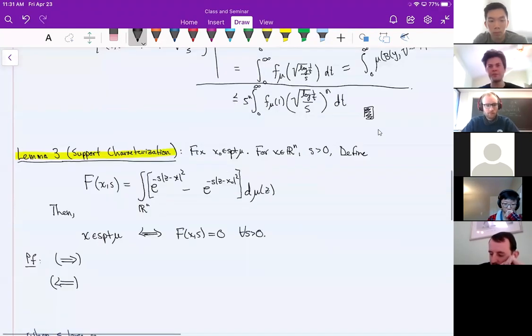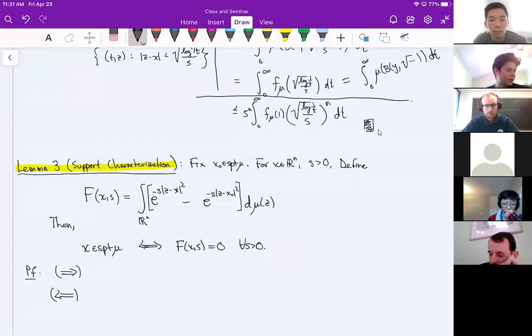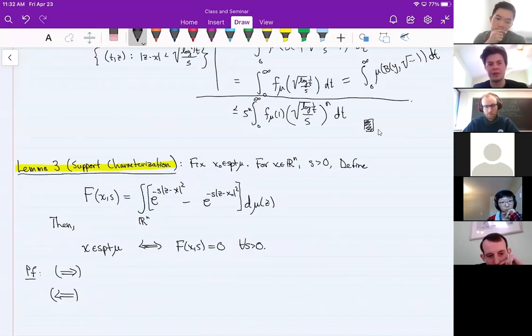Okay, and so using that, we can actually prove this Lemma 3, which is we can characterize the support in a certain way. Just looking at the statement, I fix x0 to be some point in the support of the measure, and I take x to be any point in Rn, and s, this parameter, greater than 0. I define this function capital F of x and s to be the difference of the two integrals that I wrote above.